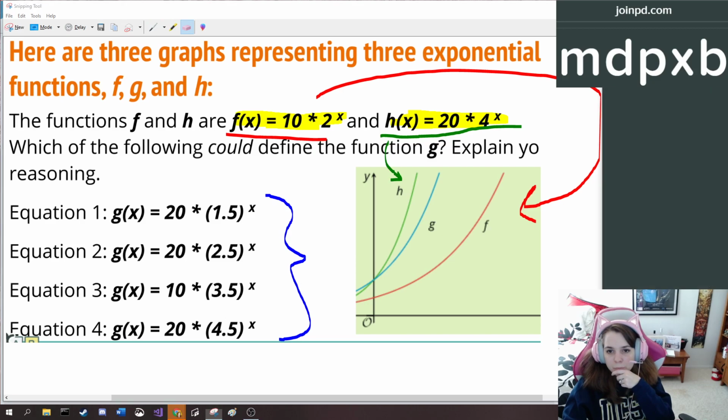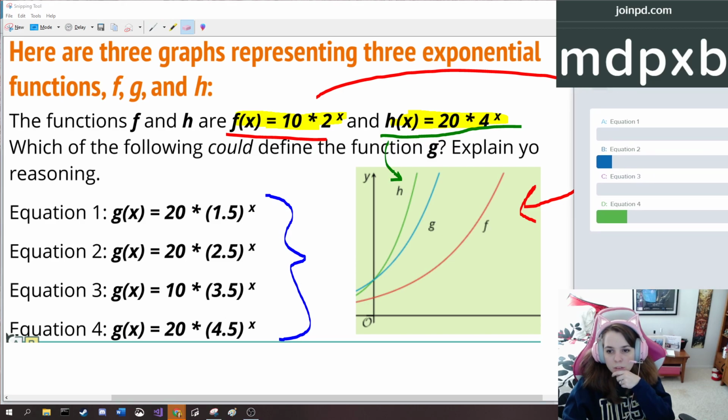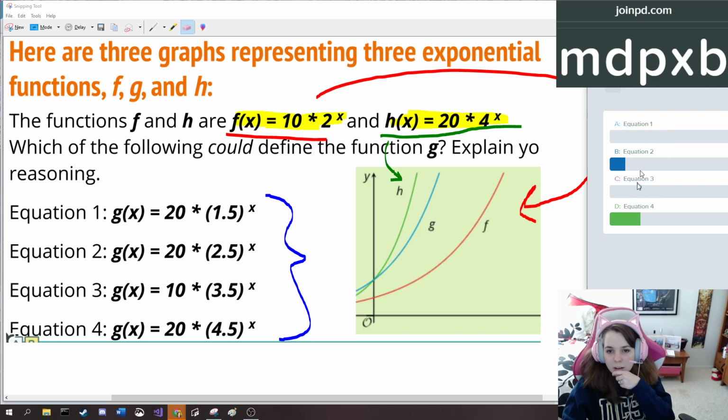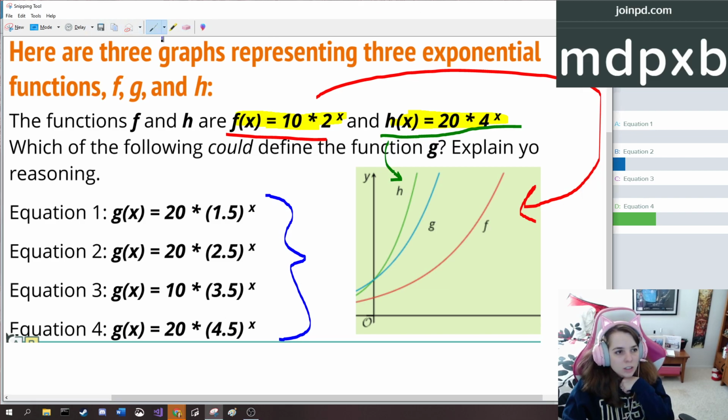So far it seems that one of us picked equation 2, a few are picking equation 3. So let's take a look. First of all, we notice here that these share a y-intercept.